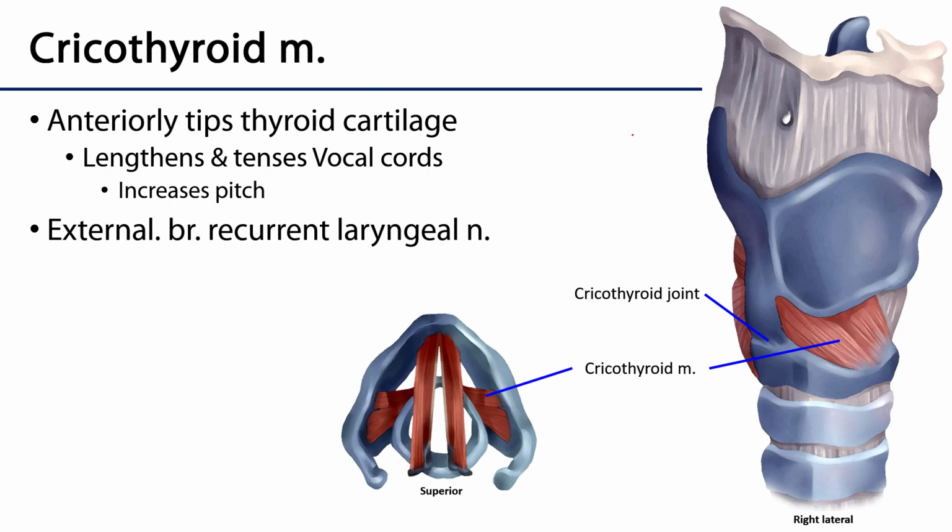Now, that finally leads us to the cricothyroid muscle. So we've seen the cricothyroid muscle here running between the cricoid cartilage and the thyroid cartilage. We've also seen the cricothyroid muscle here, and there are a couple of large-scale parts to that. And these are going to affect motion at this synovial joint, the cricothyroid joint.